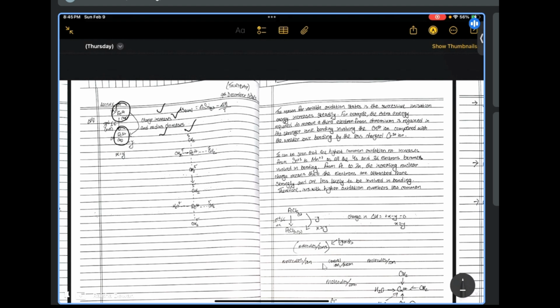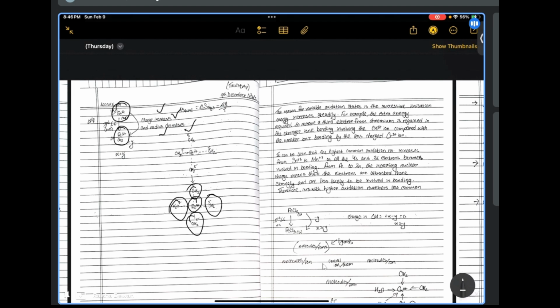As you are providing an extra energy, you will also regain that extra energy. So how will you regain it? You will regain that extra energy because when this iron 3 plus forms stronger ionic bonding with the water, this energy will be regained.